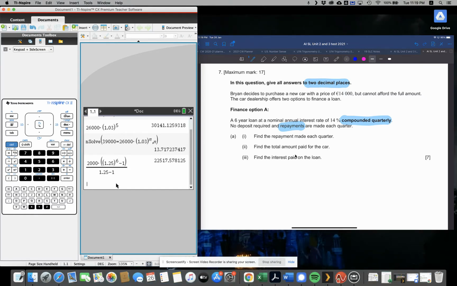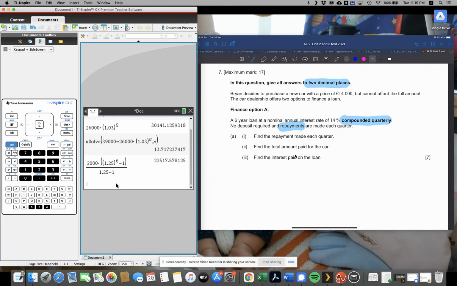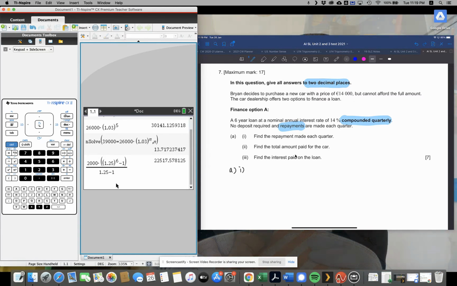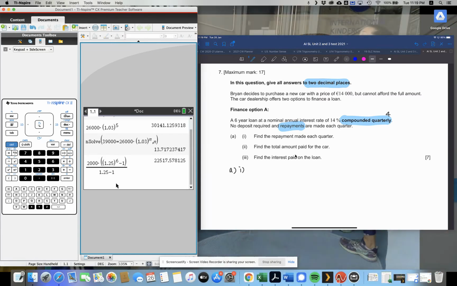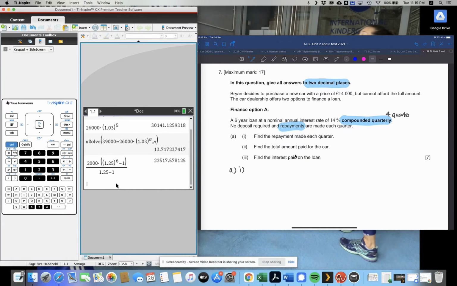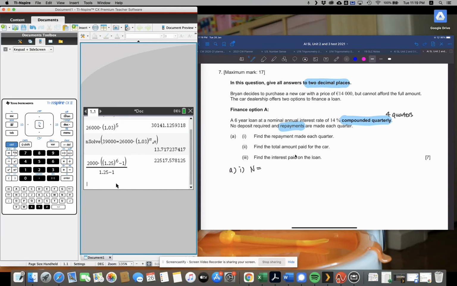So we need the financial app to help us figure this out. 6-year loan compounded quarterly. There are 4 quarters in 1 year, so n is equal to 6 times 4, 24.